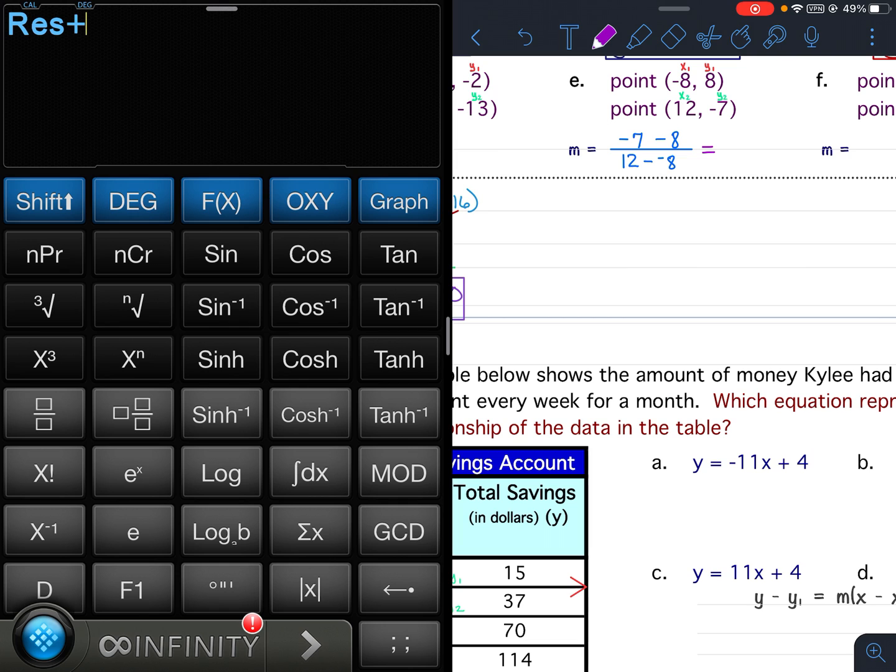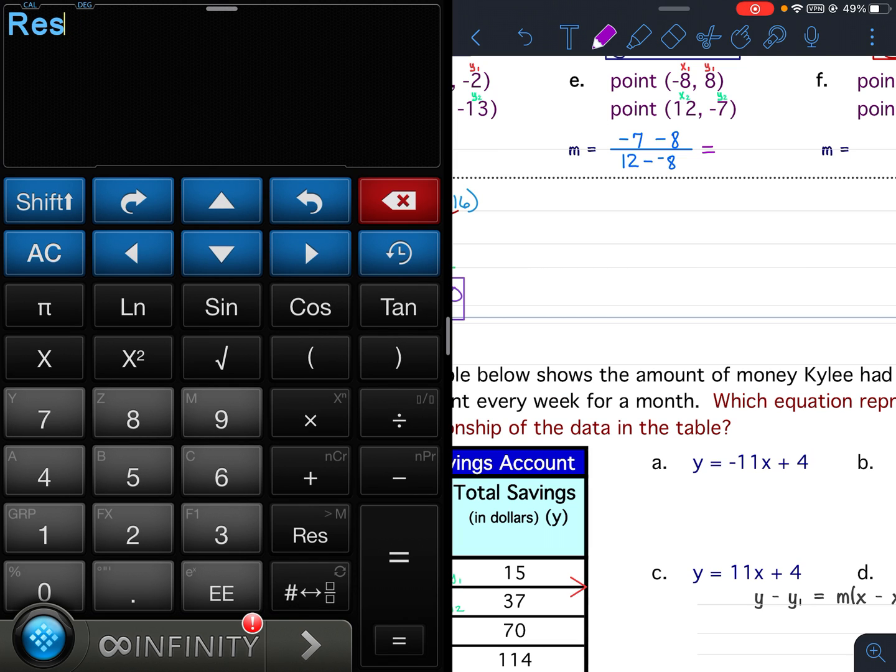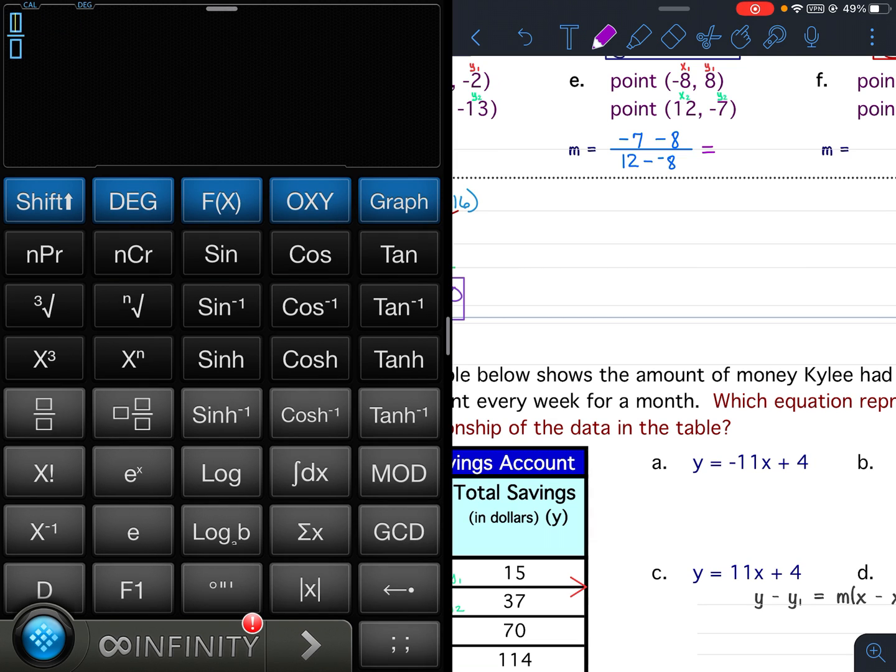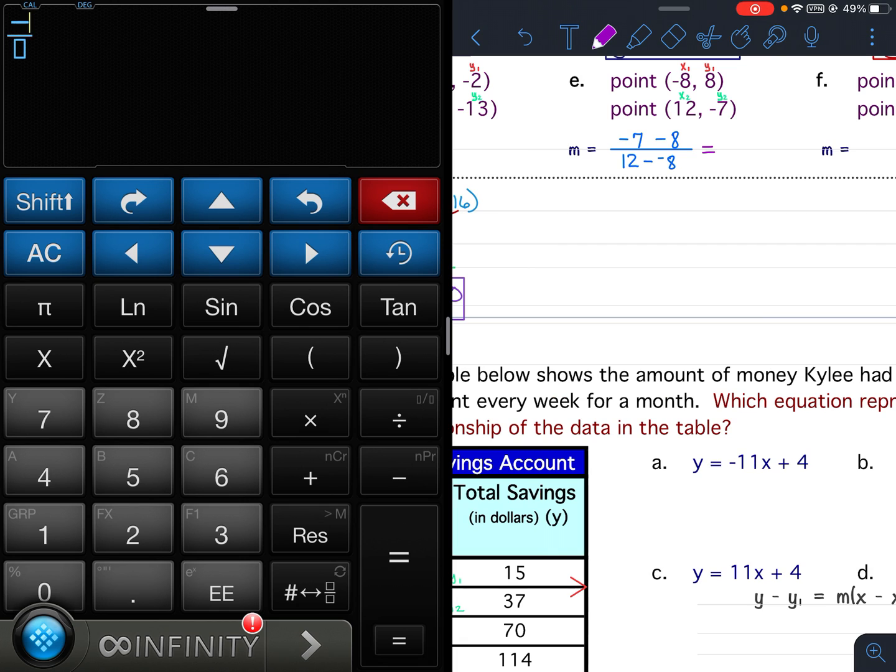So I start with my fraction button, -7 minus 8 in the numerator, and 12 minus -8 in the denominator. And we get -3/4.